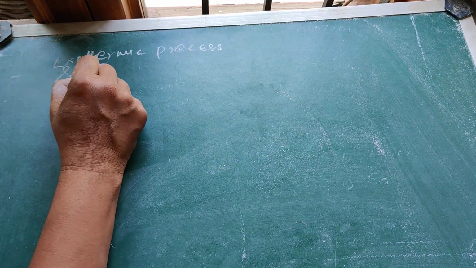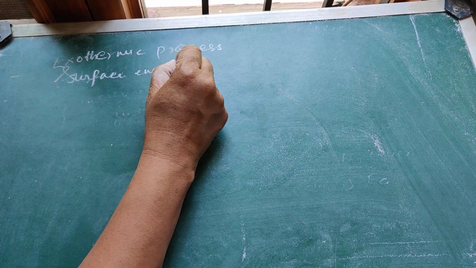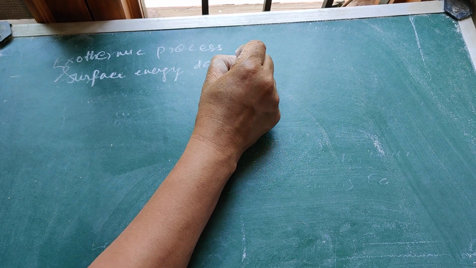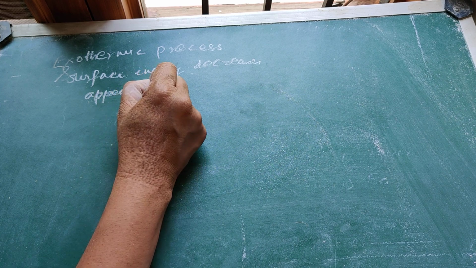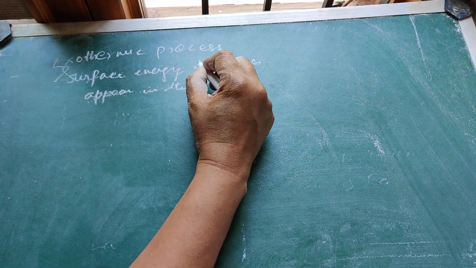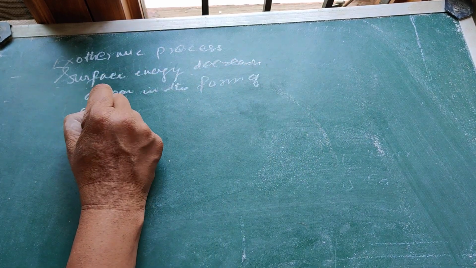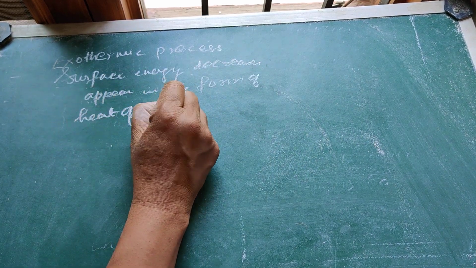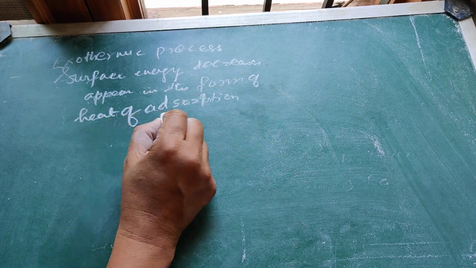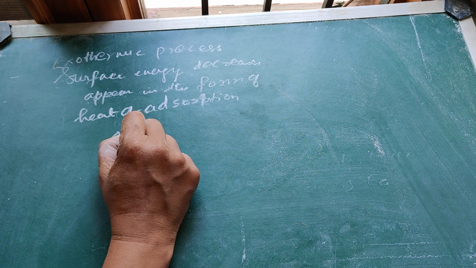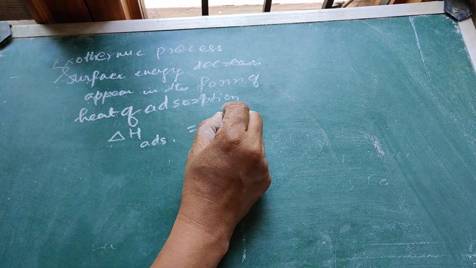That is, surface energy decreases and appears in the form of heat of adsorption. Okay, so as adsorption is exothermic, you can say that del H of adsorption is negative.